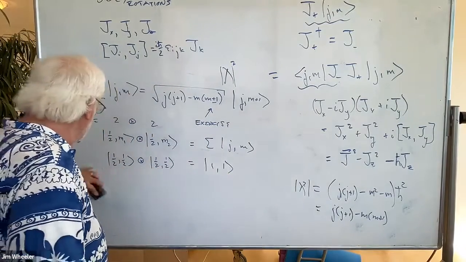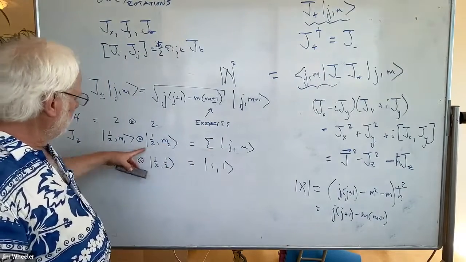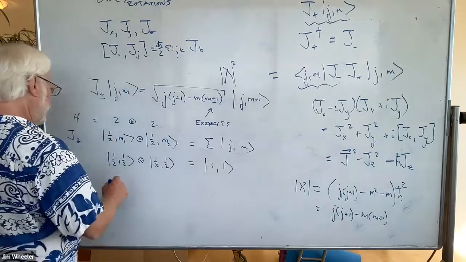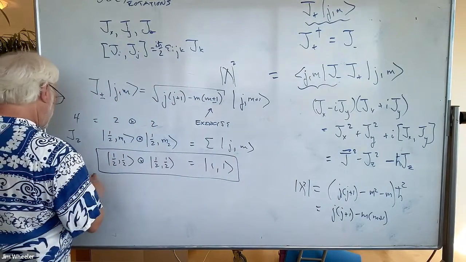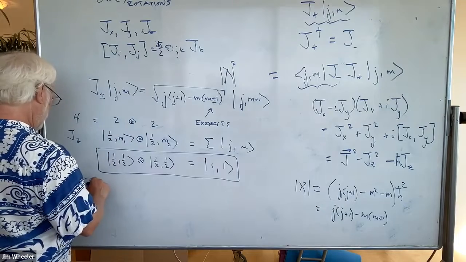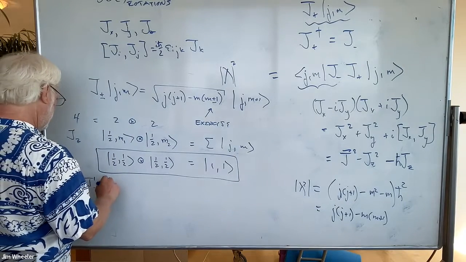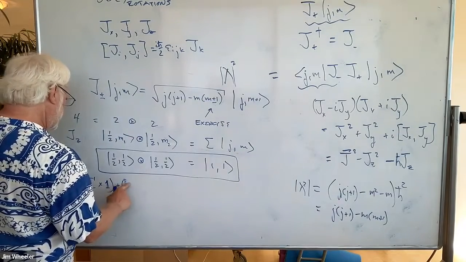So our goal then is to find out what these sums are for each possible set of values for the m's. To do that, we have one relationship here. I'm going to act with J minus, call it J1 minus cross the identity plus the identity cross J2 minus.